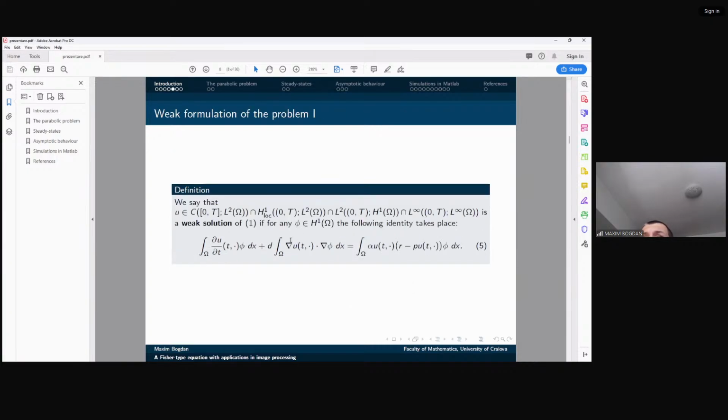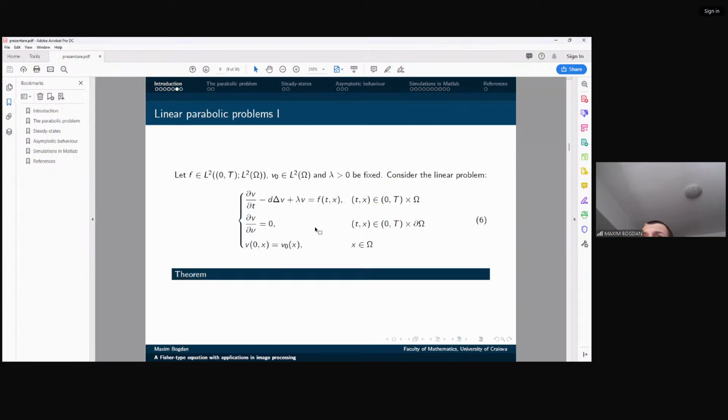I defined what I mean by a solution for my initial problem. This will be the definition. Simply multiply the initial equation 1 by phi, then integrate, and you reach this variational formulation in terms of phi.